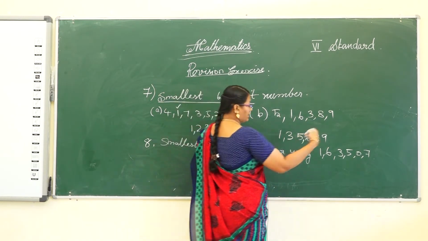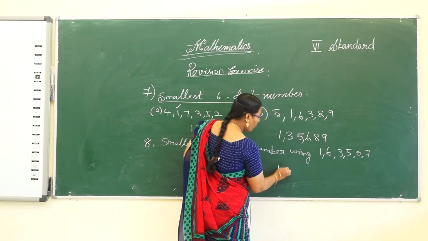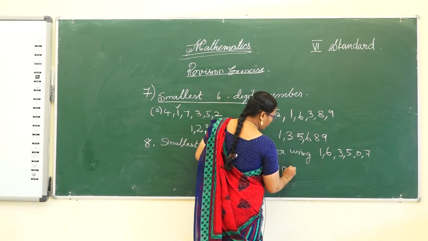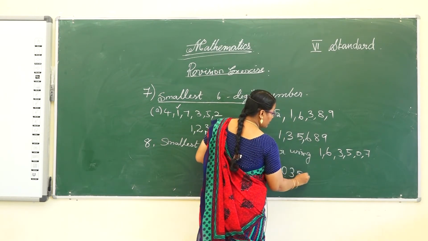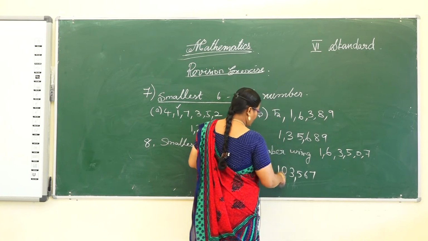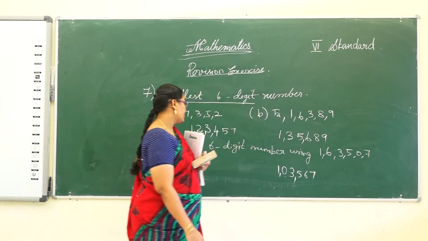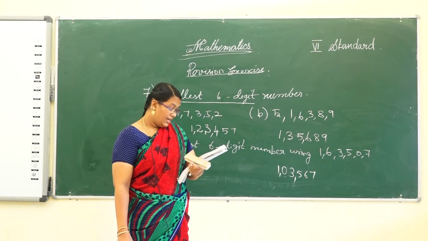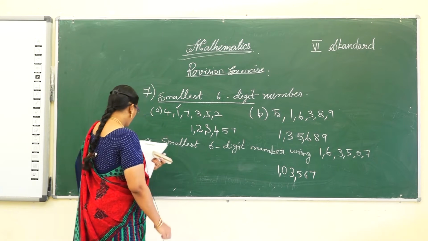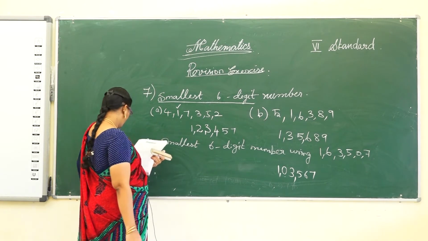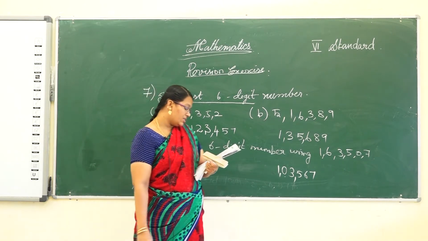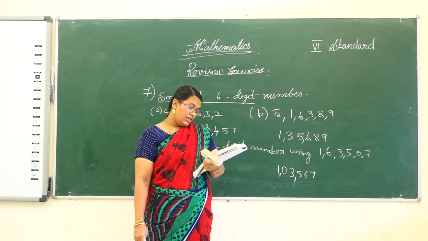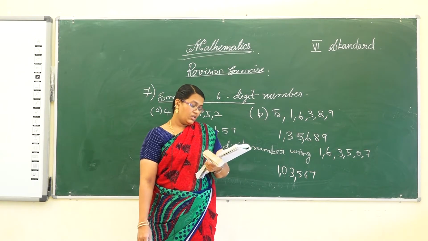Now consider the smallest number 0 and then 3, 5, 6, 7. So the smallest 6-digit number is 1,03,567.